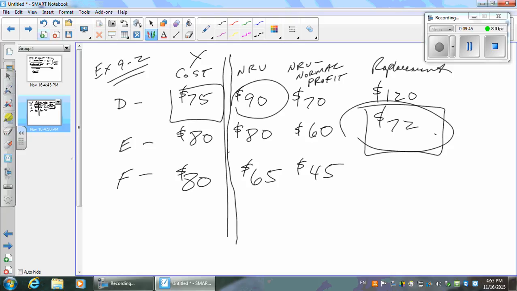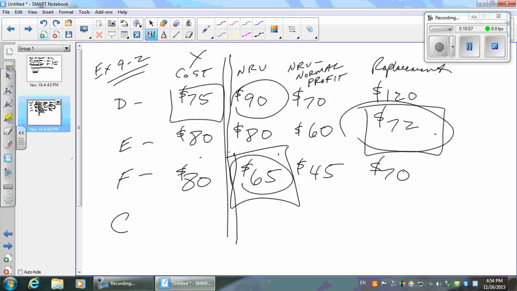What's the replacement cost? 7. Which one's in the middle? 65. Isn't it cool? They're showing us they could all be in the middle. That's really a nice one. Okay, so what are we going to do? Is 65 lower or is 80 lower? Cost compared to market. I think 65 is lower. I'd use that one. Okay?